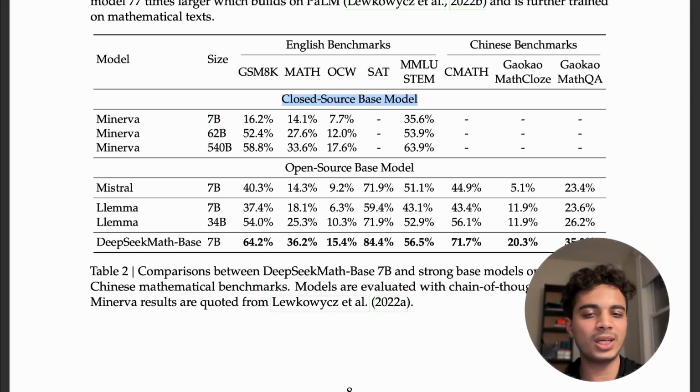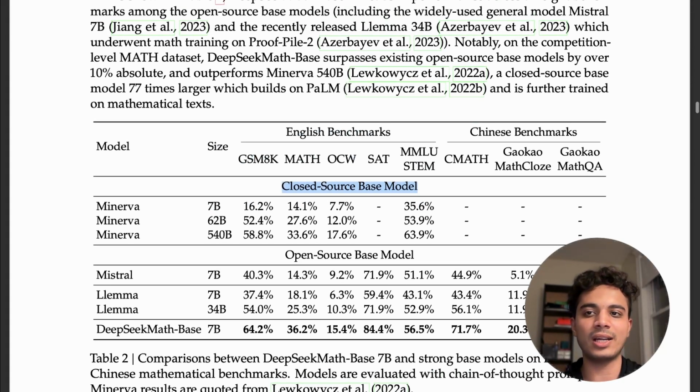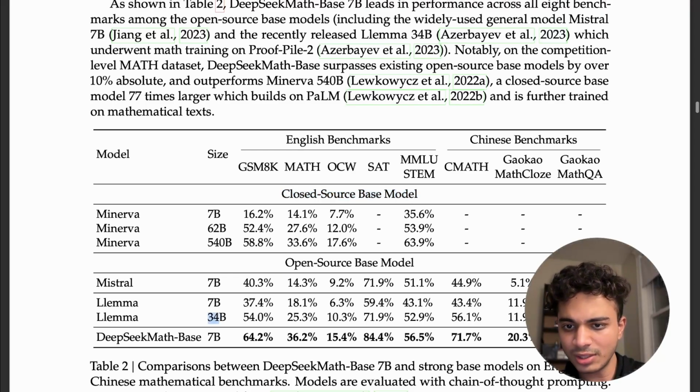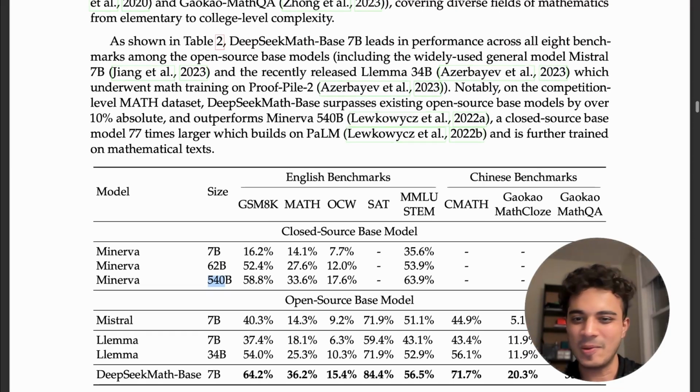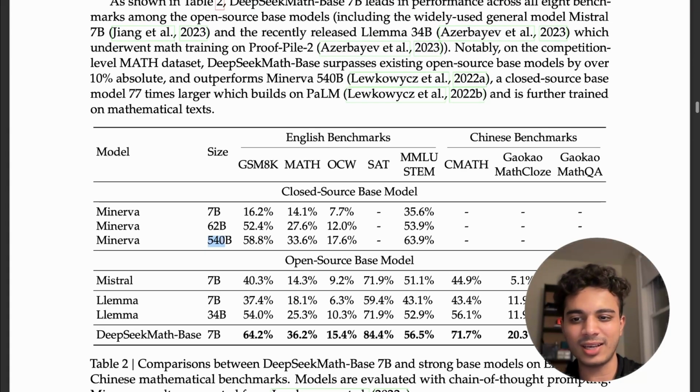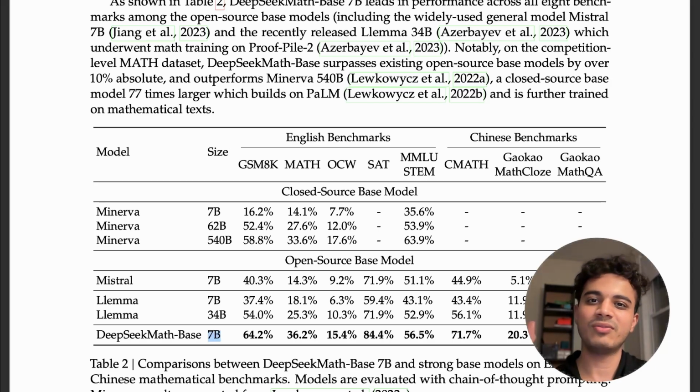You cannot see OpenAI here yet, but you will see that later. You'll see that a few of them are really huge in nature, like 34 billion, and even Minerva, I'm not sure if I'm pronouncing that right or not. Minerva is also a 540 billion parameter model, right? So DeepSeek Math is still a 7 billion parameter model, which is pretty cool.